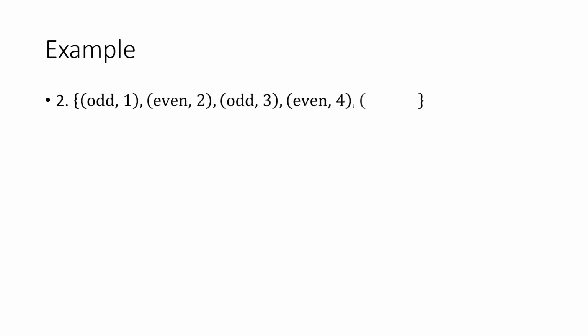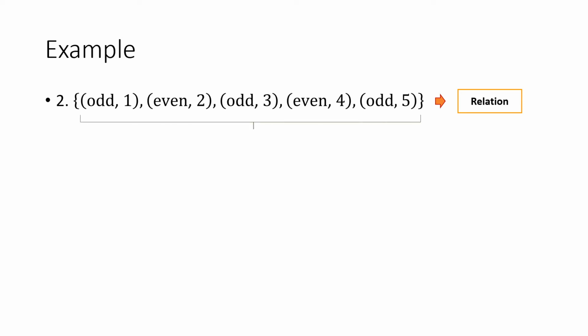We have another example of a relation. Take note, we have another set of ordered pairs. Odd is paired with 1, even is paired with 2, odd is paired with 3, even is paired with 4, odd is paired with 5.